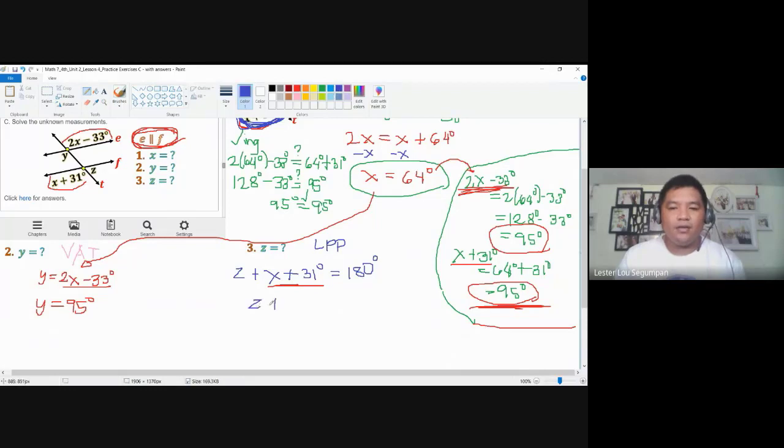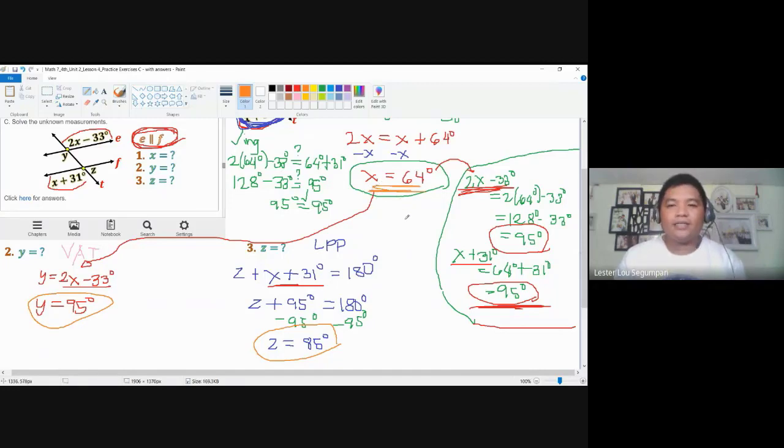That will become z plus 95 degrees must be 180 degrees. By subtraction property of equality, we can now say that the measurement of variable z is actually 180 minus 95, that's 85 degrees. So this is now the value for the variable z and variable y using the variable x here.